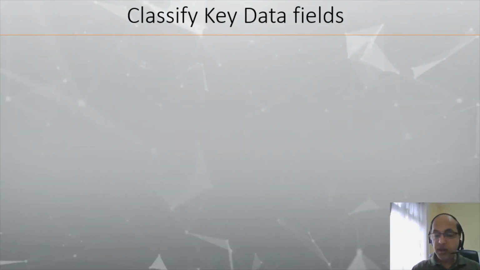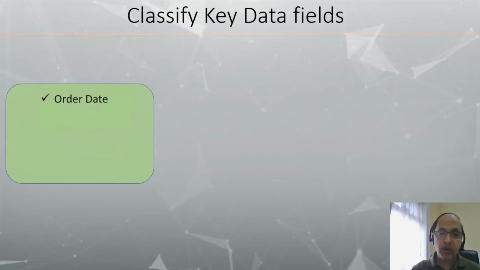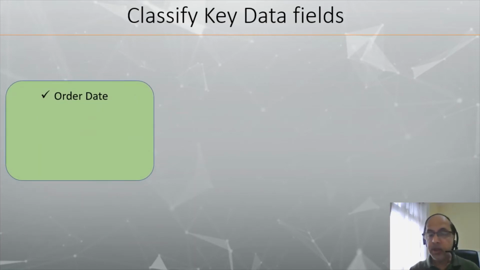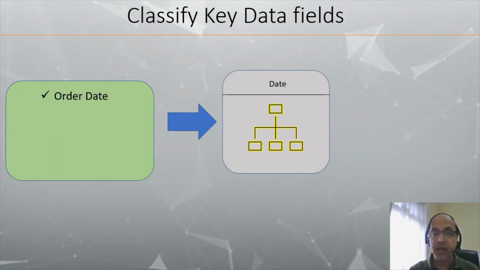Okay, let us classify other fields. Order date. Now this field is related to date and time, isn't it? And date and time is a key dimension which is important in any of the cubes. The time dimension is almost always there. So we will classify this as a date dimension.